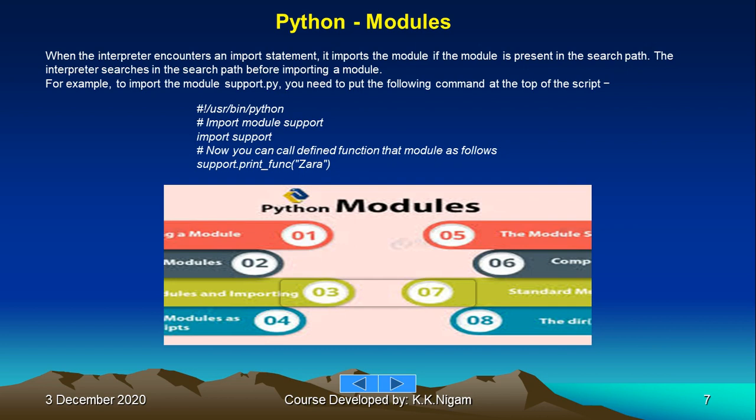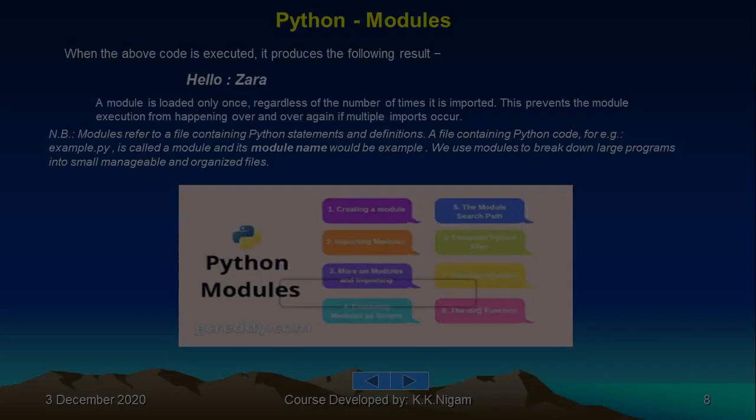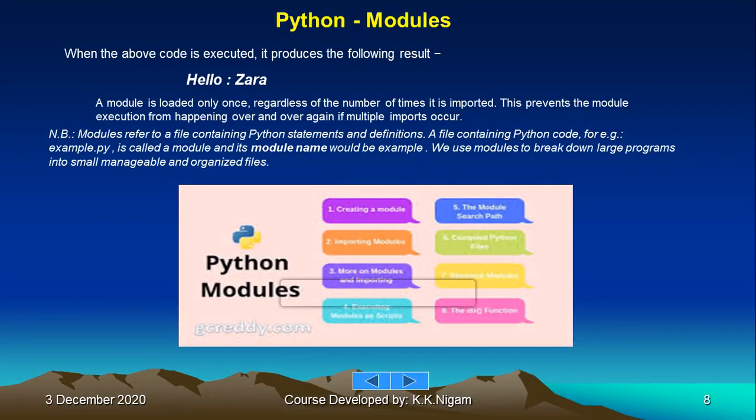After the comment line, #!/usr/bin/python, then import support. So when you write import support, it will immediately try to look for that module. Now you can call the defined function from that module as follows, and support.print_func Zara will be available. Now when the above code is executed, you will see the output as shown here.